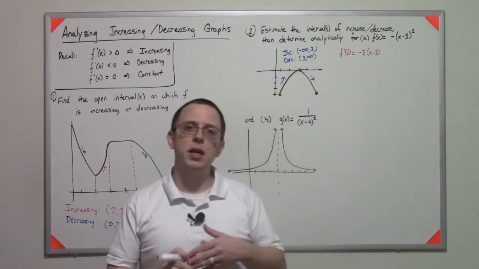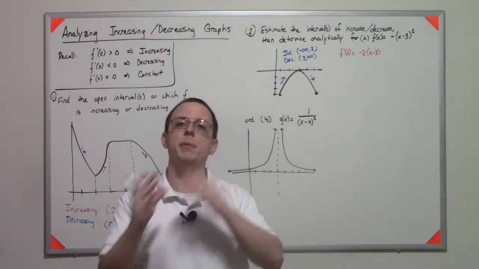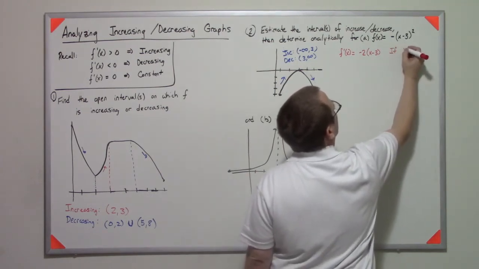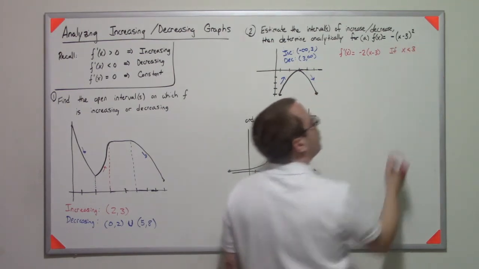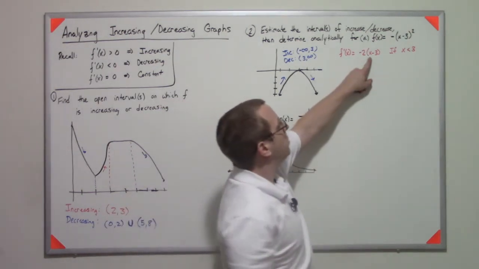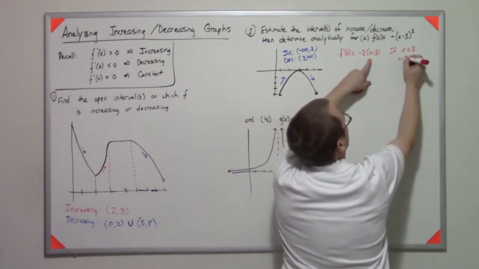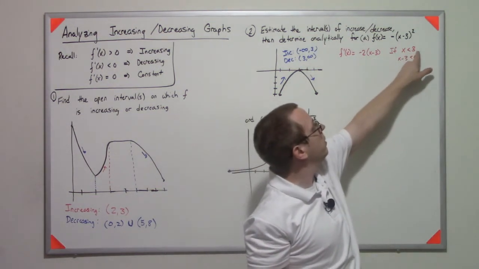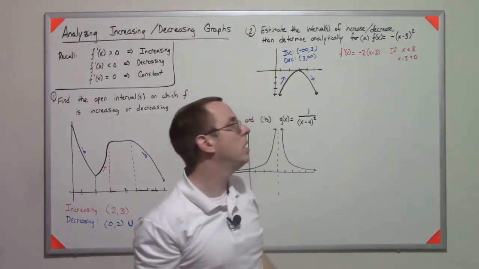But let's think about the values less than 3, and let's think about the values more than 3. So if x is less than 3, then x minus 3 is negative, right? Because you subtract 3 from both sides.